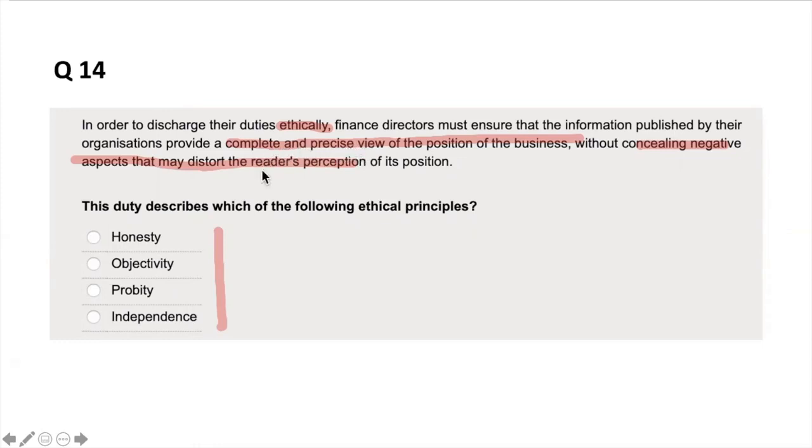Someone did work. So honesty and probity would probably go out, because that's not the only thing. To complete the work and to make sure your view is correct takes competence, takes skill, takes quality of information, right? Without concealing negative aspects means that you're unbiased, which means you're independent, but you're also objective. So the answer should be between objectivity and independence.